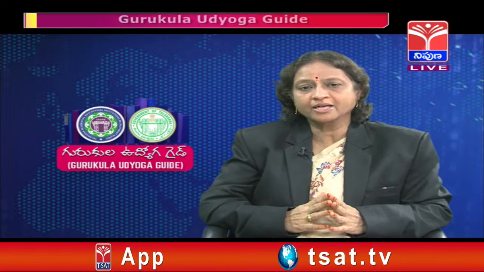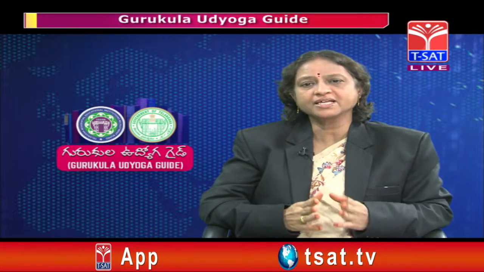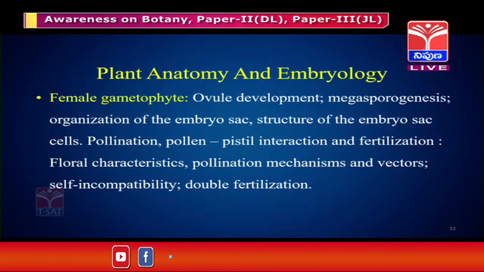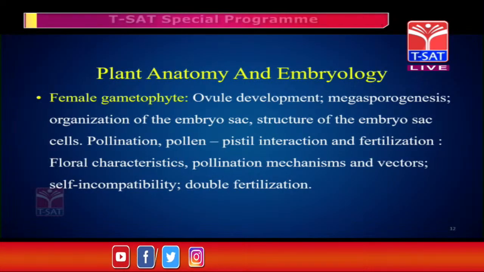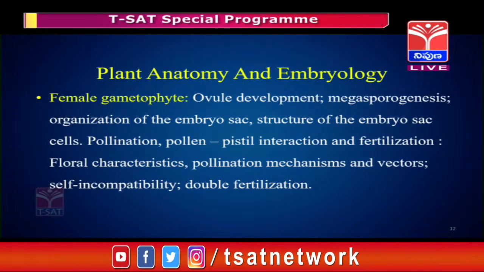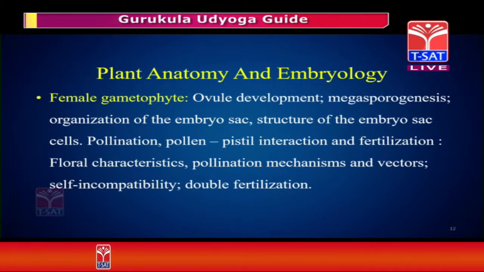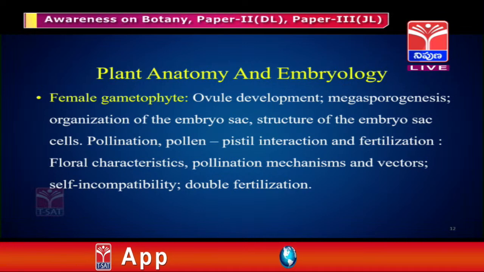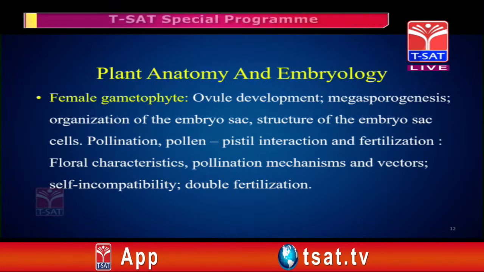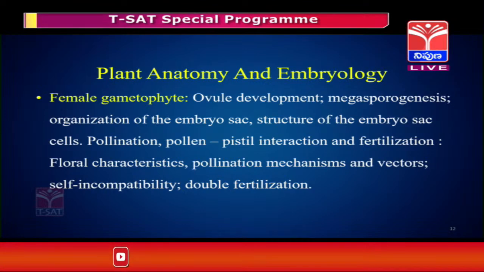Now, like the male gametophyte, even for the female gametophyte, the developmental stages are very important. How the megasporogenesis is occurring, how many types of embryo sacs are there, like is it a monosporic or bisporic or tetrasporic embryo sac, then what is the structure of the embryo sac, how many cells are there in the embryo sac.